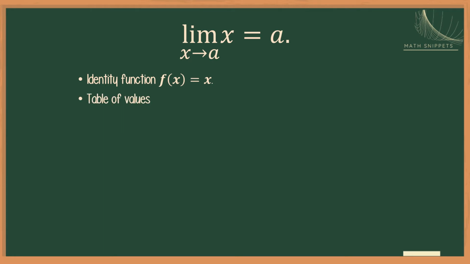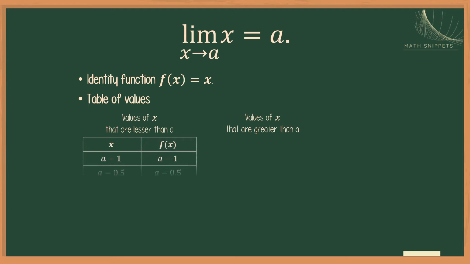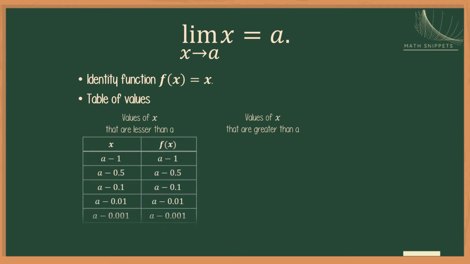So let's observe the table of values. Of course, we get the values from the left and the values from the right. As you observe the values, as we move our values from a minus 1 to a minus 0.5 to a minus 0.1 until a minus 0.001, the values of our x are approaching a from values that are less than a.